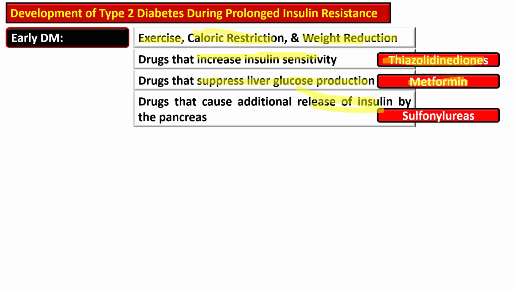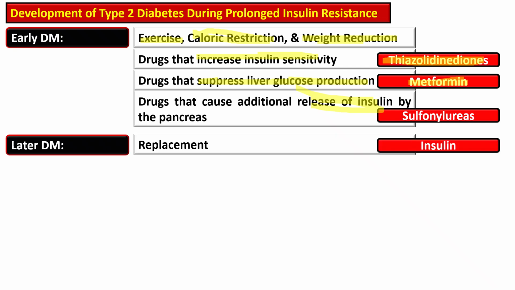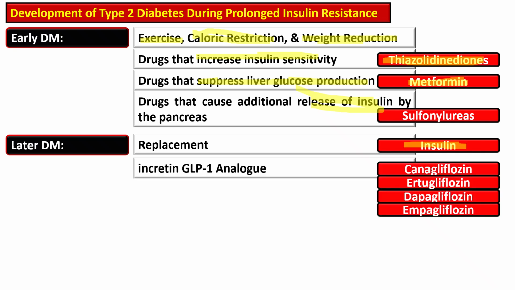Then there are incretin-based therapies besides the replacement therapy for insulin. These incretin GLP-1 analogs are Flozin family members, and they enhance insulin secretion in response to meals and suppress glucagon, helping lower the blood glucose.